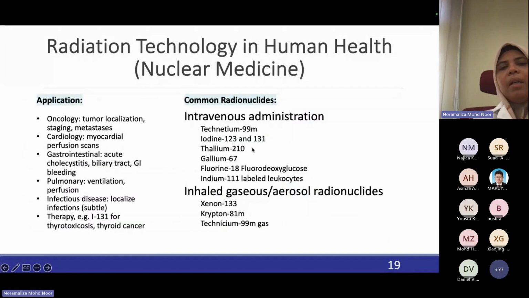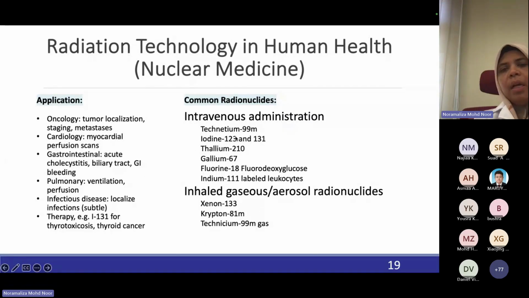This is the common radionuclides that have been used in nuclear medicine. The applications we can do using these radionuclides are staging of cancer, seeing the functions of the heart, and also infectious disease, or sometimes we can use it to treat thyroid cancer using iodine-131.